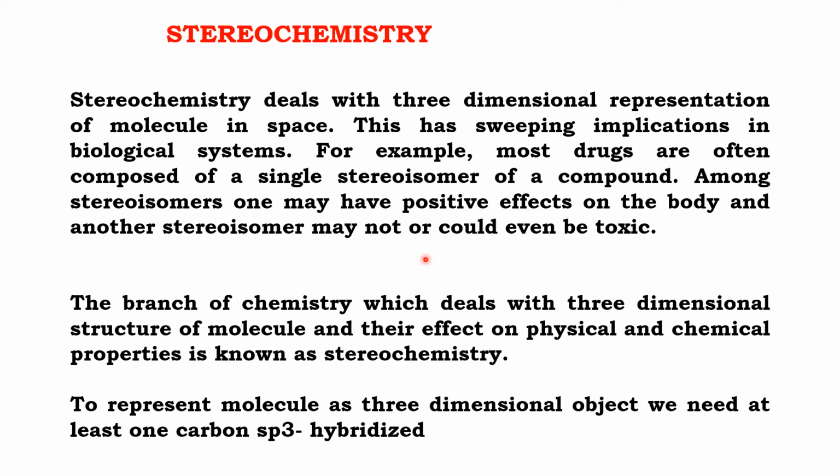Another stereoisomer of the same drug may be inactive or even could be toxic. And the branch of chemistry that deals with the three-dimensional structure of molecules and their effect on physical and chemical properties is called stereochemistry.